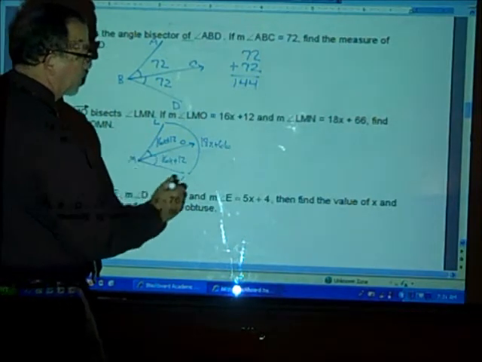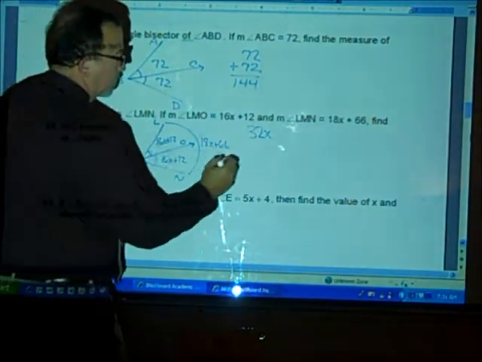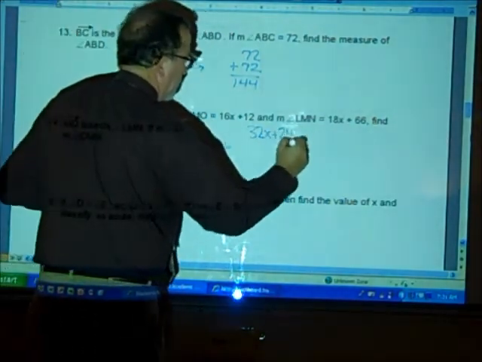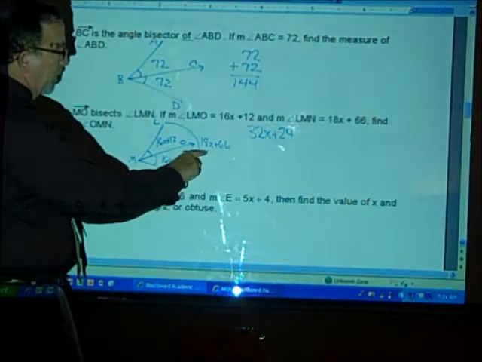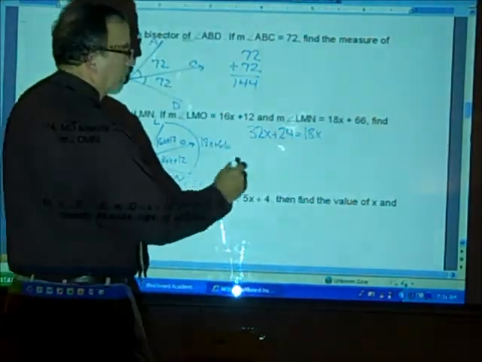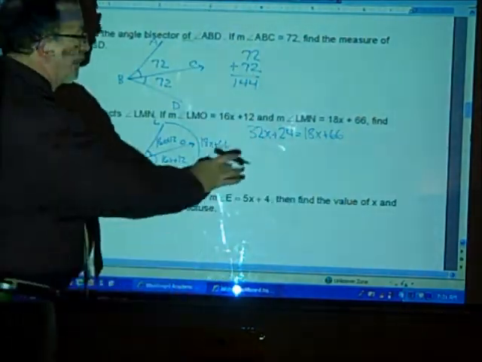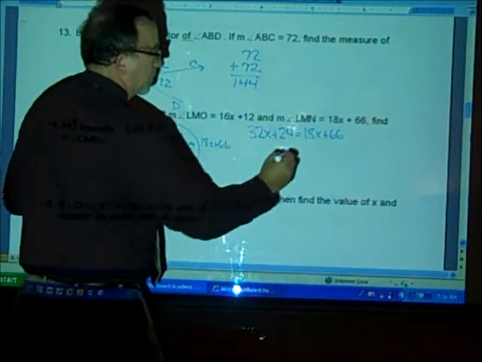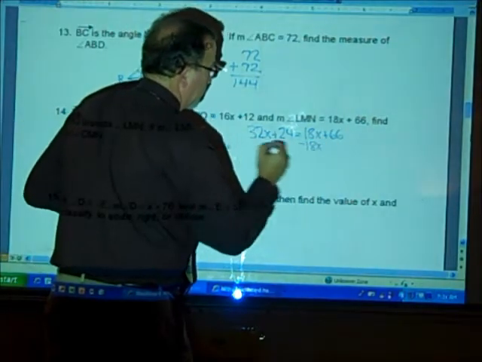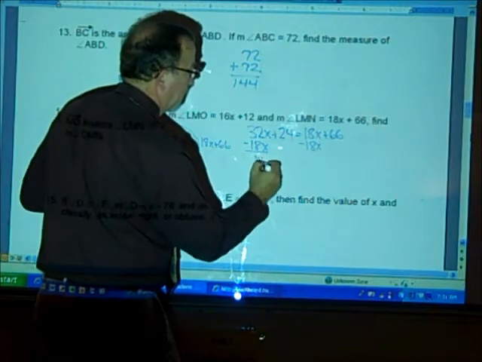So if we add 16 and 16, that gives us 32x. 12 plus 12 is 24, so plus 24. That's these two angles added together, equals this angle, plus 66. Now we need to solve for x. X on both sides, we need to get rid of one of them, so let's get rid of the small one. 32 minus 18 is 14x.